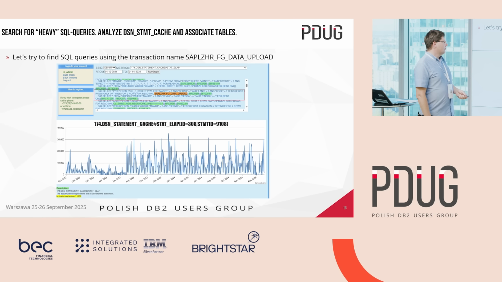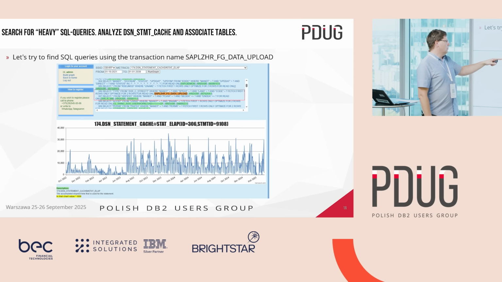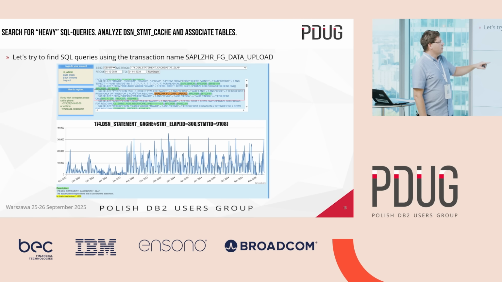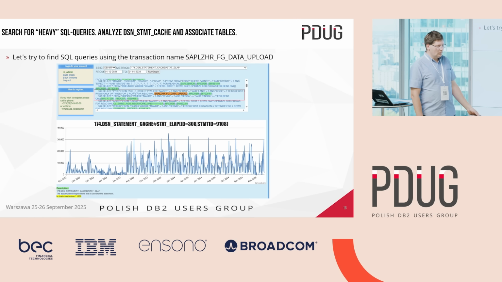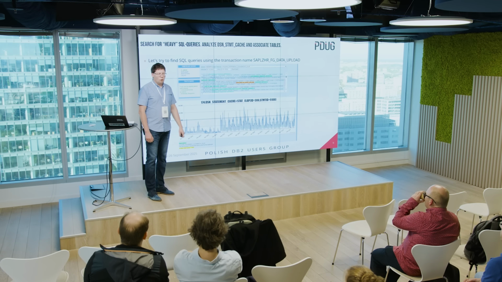When I know the statistics information and accounting information, I go to the dynamic statement cache and try to catch all SQLs connected with the SAP data upload application, and build different charts with different parameters which exist in the dynamic statement cache columns.